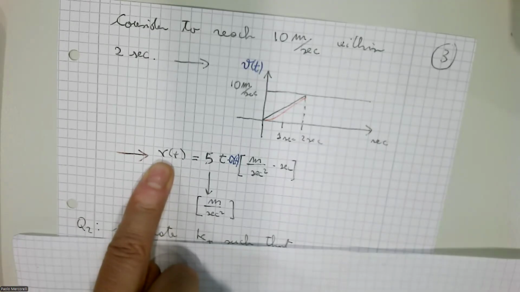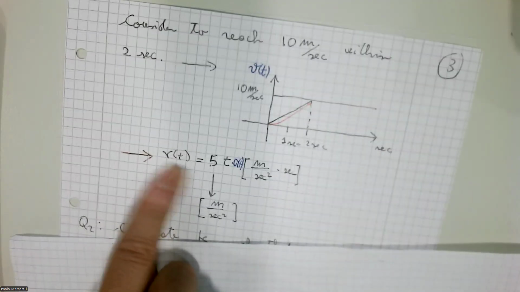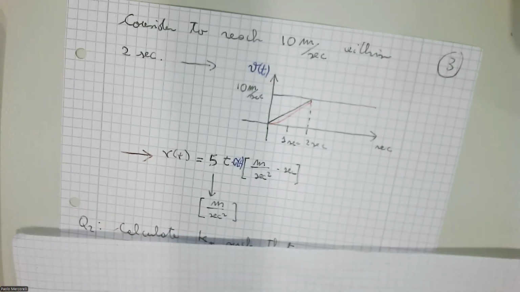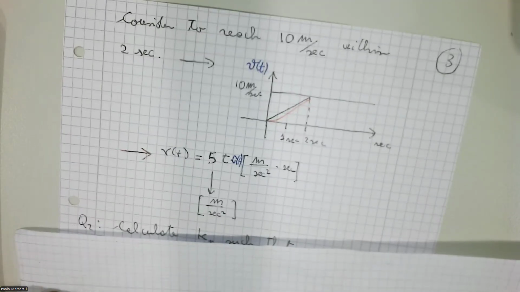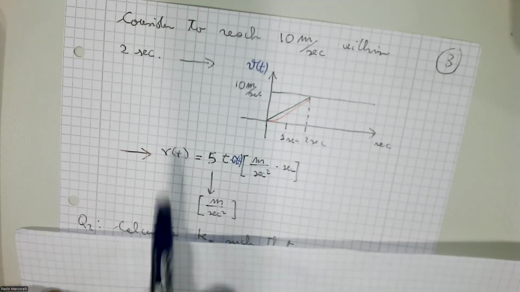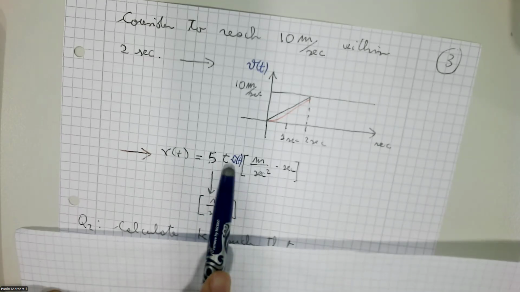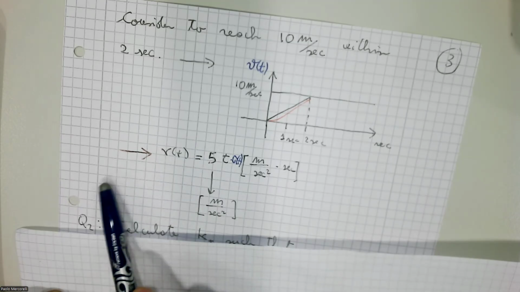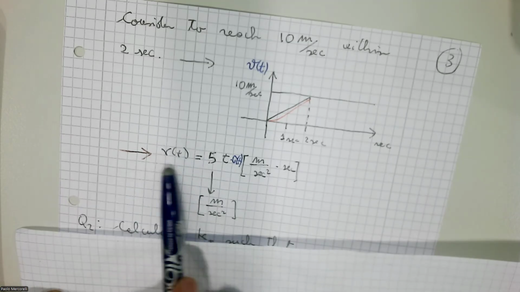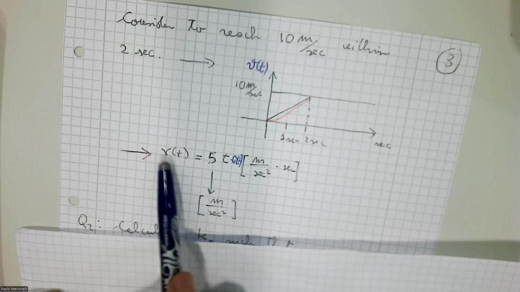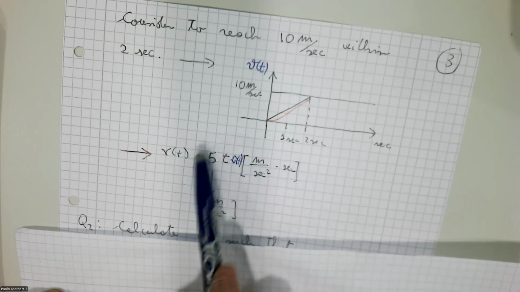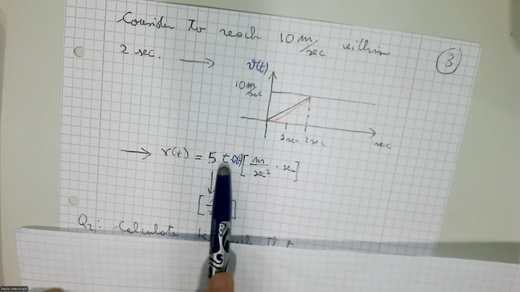This means if I consider now R of t, basically the change, or better to say, R of t in our case is the velocity. How the velocity changes, as I told you. We can see that it's in time.